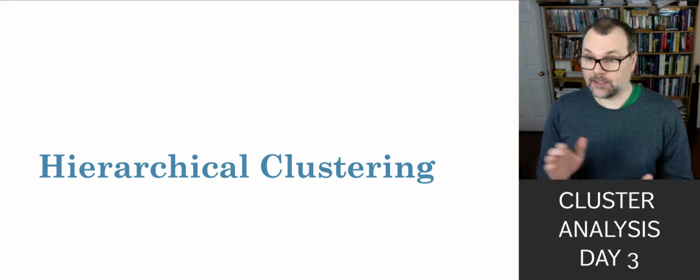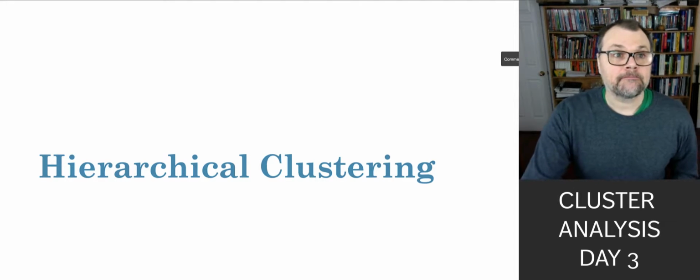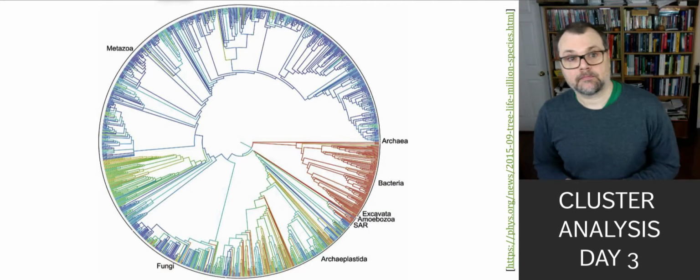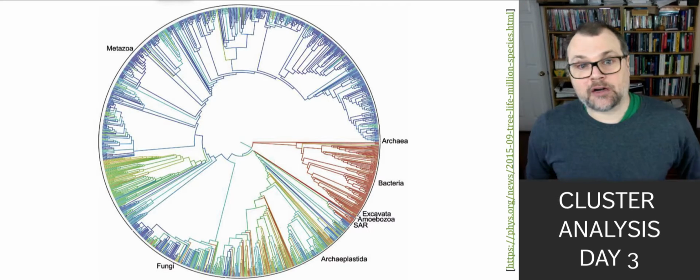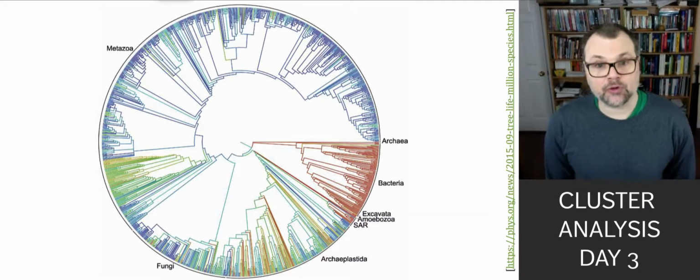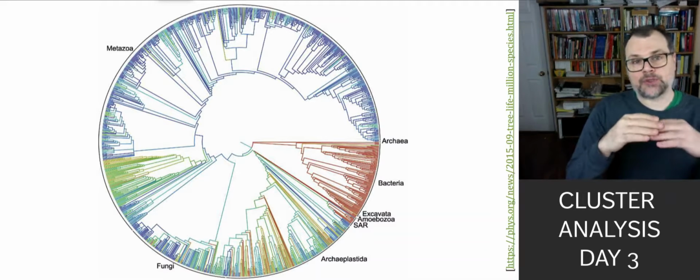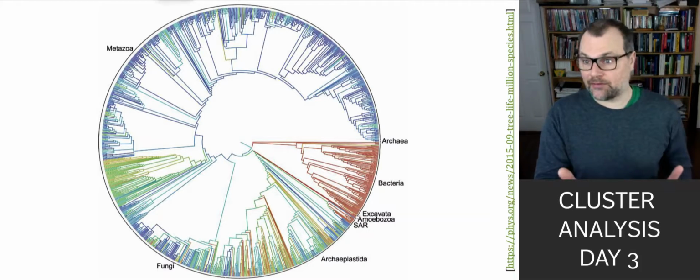All right, let's start with hierarchical clustering. You've seen examples of hierarchical clustering before. I don't know if you recognize this diagram. Perhaps we're not used to seeing it wrapped into a circle, but this is the tree of life.